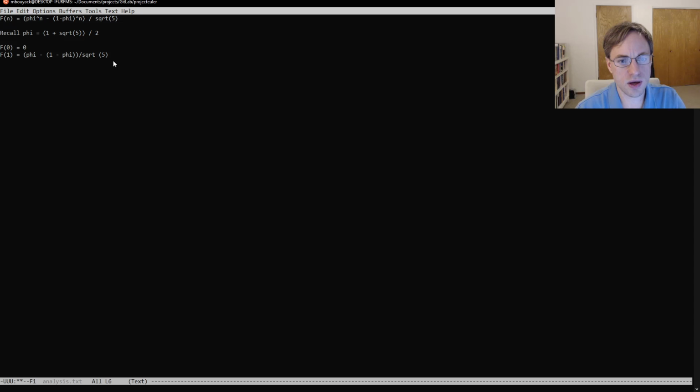That's going to give us 2 phi minus 1 over square root of 5. And if we look up here at the definition of phi, multiplying that by 2 and subtracting 1 just gives us the square root of 5. And so we end up with square root of 5 over square root of 5, which is equal to 1. So that's what we expect.